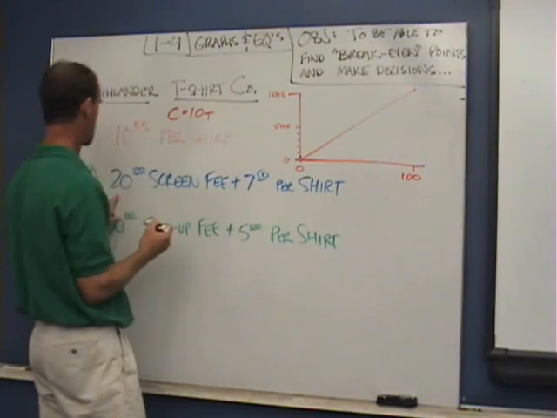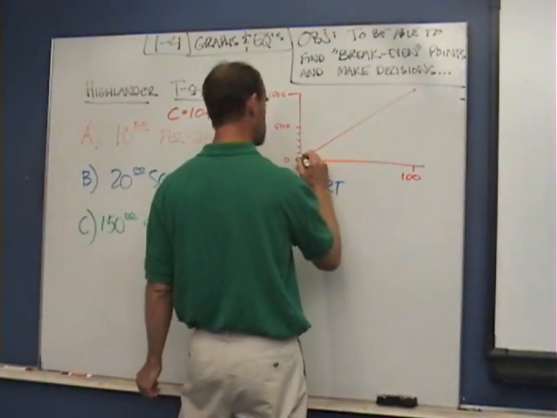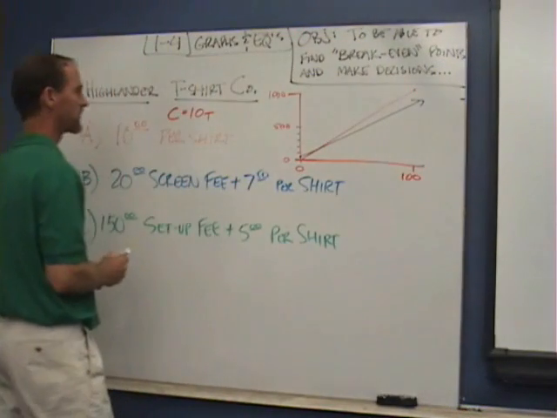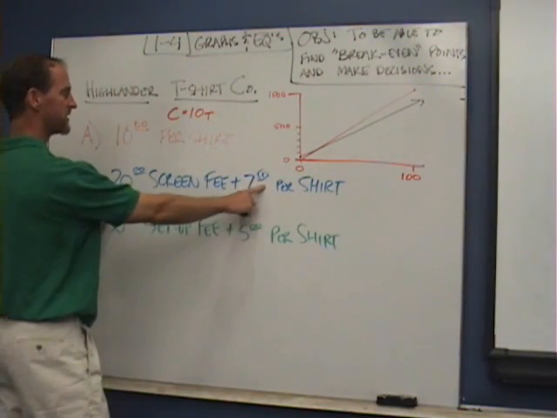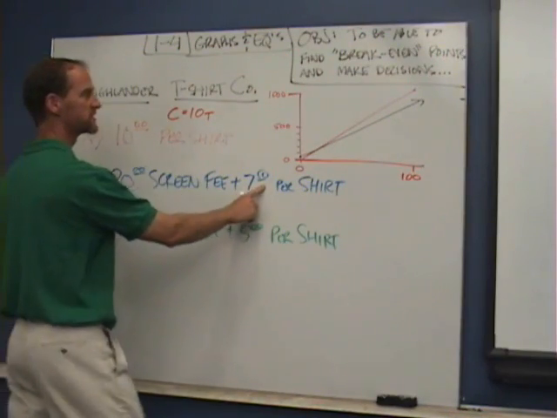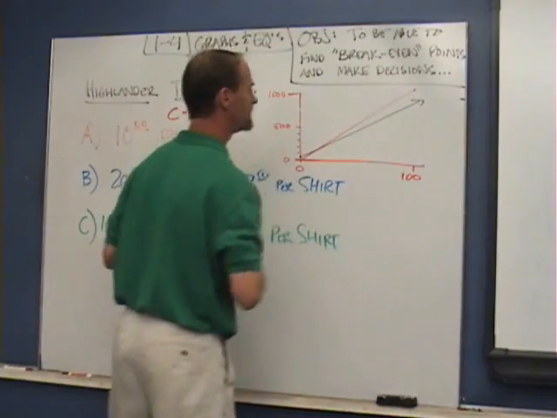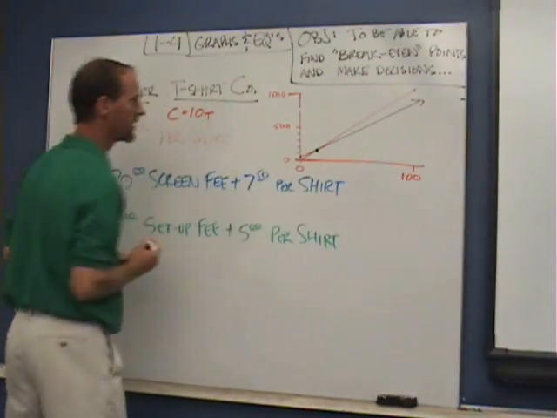It'll be right there, but then the slope is less. So we know it is going to be something less like this, and we could come up with a further point, I guess. If we did 100 shirts, it'd be $750 plus 20, $770. So it'd be about right there. So I'm not too far off. I'm not going to redraw that, but it's going to intercept somewhere around there.